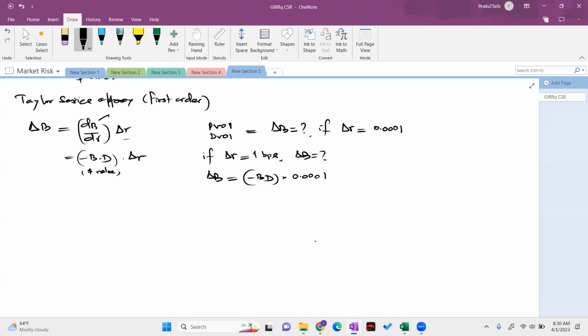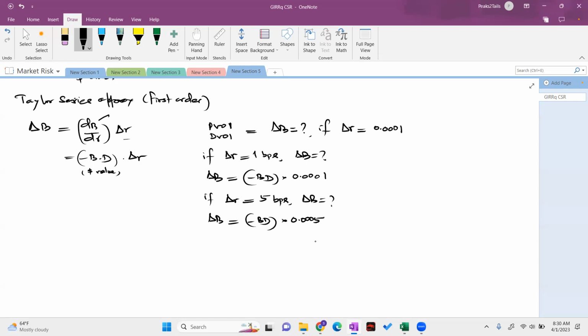That's the approximate change in bond price, a linear approximation, if the interest rate changes by 1 basis point. Next question, if interest rate changes by 5 basis points, what is delta B? Delta B is equal to minus BD times 0.0005.